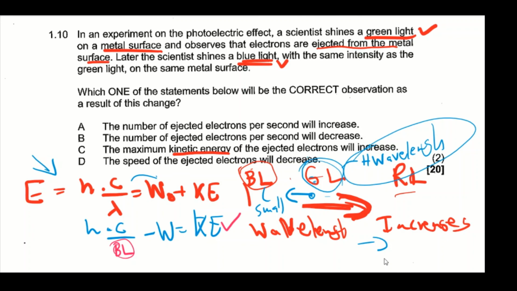So the kinetic energy is increasing from the green light to the blue light. So we can simply take option C in this case, because now we know that kinetic energy increases from light that has a higher wavelength to light that has a smaller wavelength.